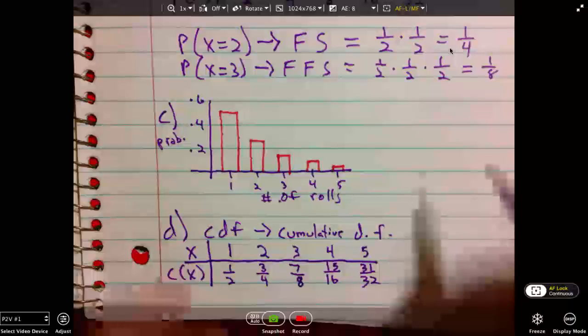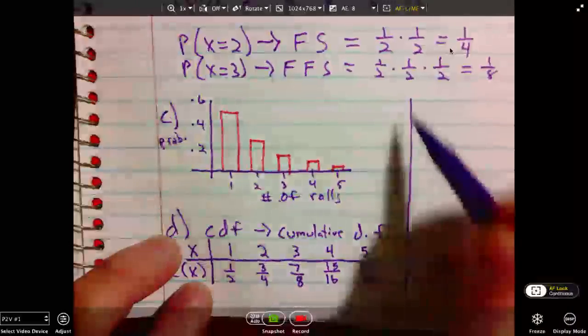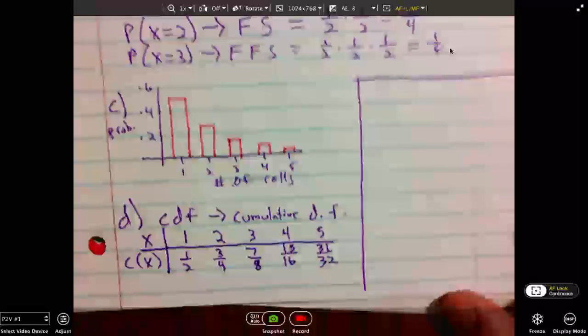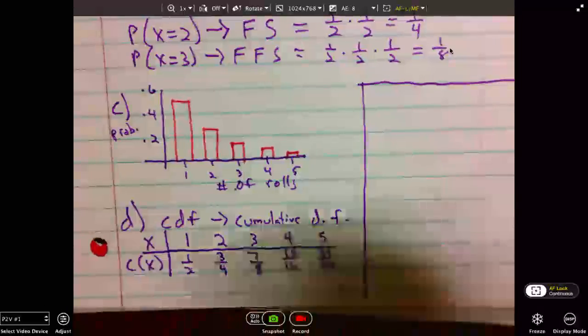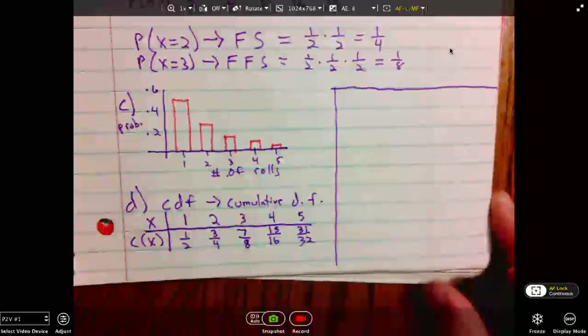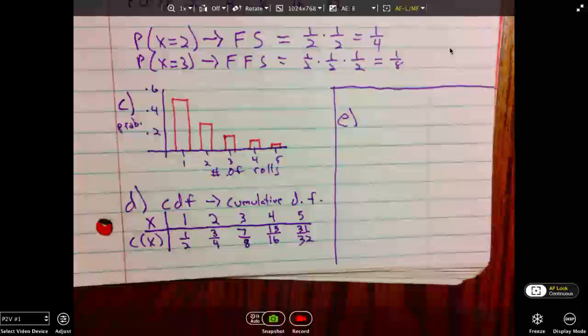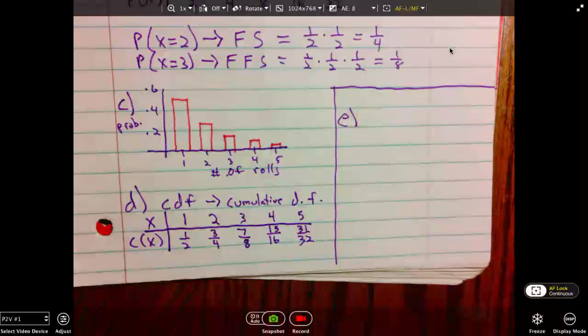Lastly, E. Use the formula for sum of a geometric sequence to show the probabilities in the PDF table of X add to 1.